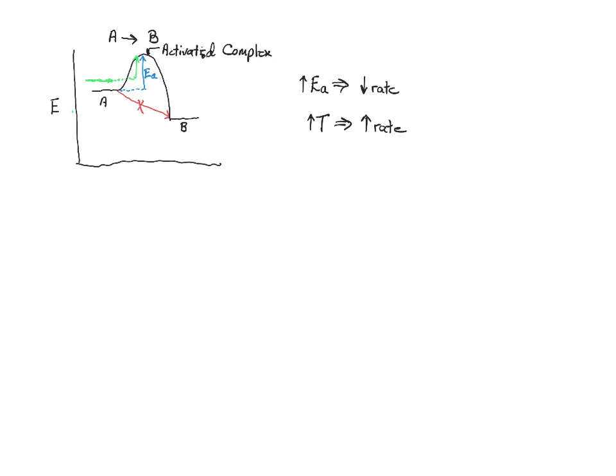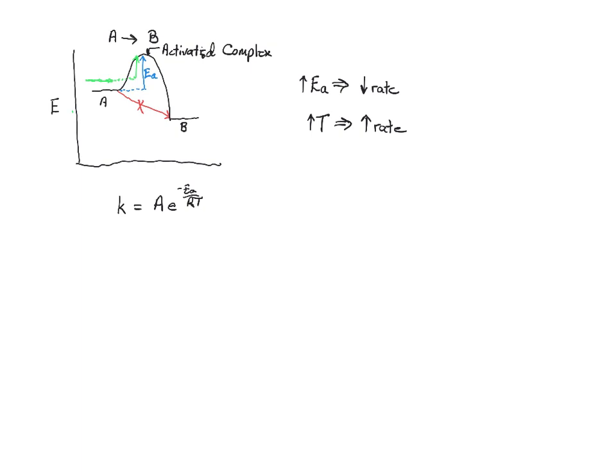So if you're thinking back to your readings, we had this thing called the Arrhenius equation. And the Arrhenius equation kind of brought all these variables together, in that we could look at the rate constant in terms of a couple of different values here. A being a constant that is dependent upon what the reaction is, times e raised to the power of the negative of the activation energy over RT.